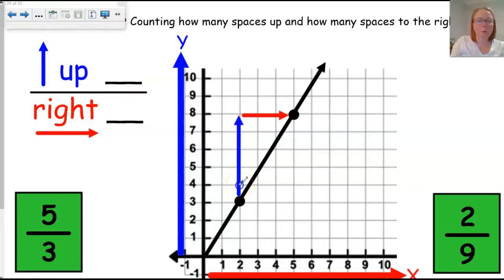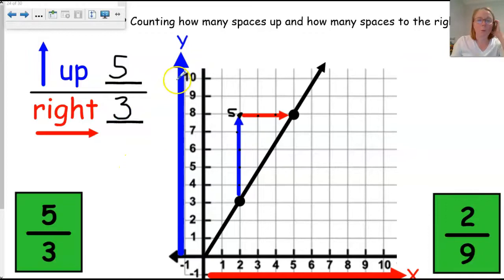Count with me. We went 1, 2, 3, 4, 5 spaces up. So we went 5 up. And now let's see how far we went over. Ready? From this spot, we go 1, 2, 3 spots to the right to get to our dot.